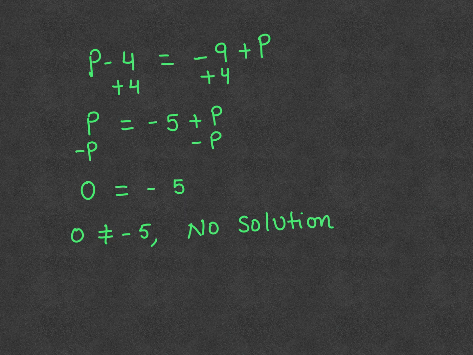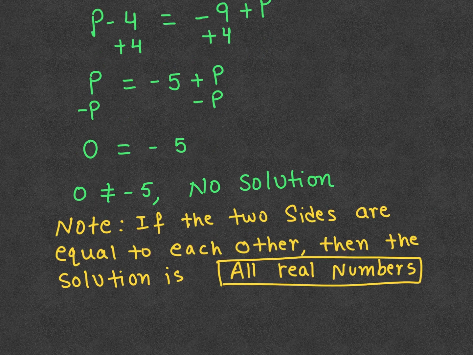Just remember that if we are left with constants on both sides and they are not equal to each other, in this case 0 is not equal to -5, then we say no solution. And if we are left with a situation where the two sides are equal to each other, then the solution set is all real numbers.